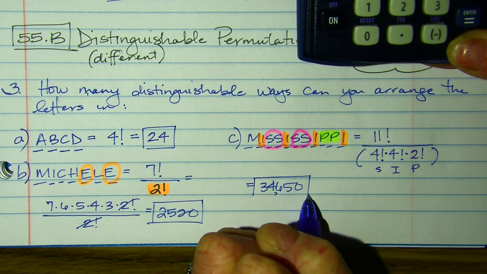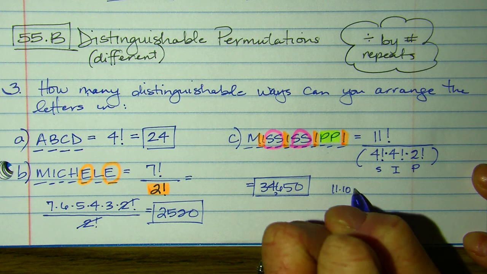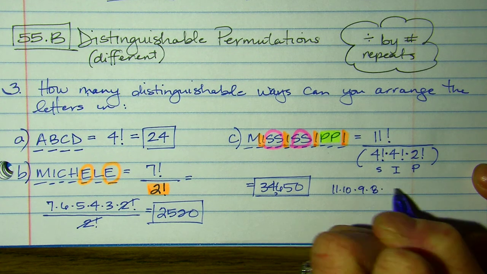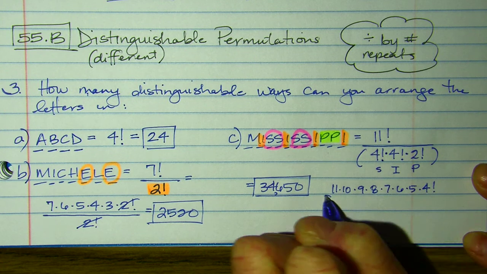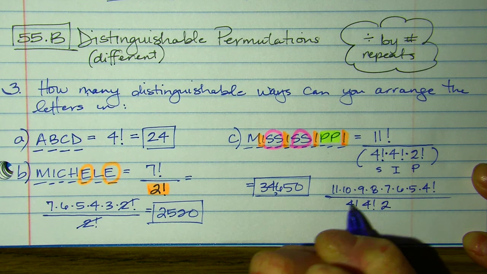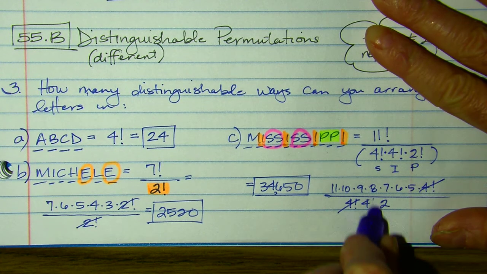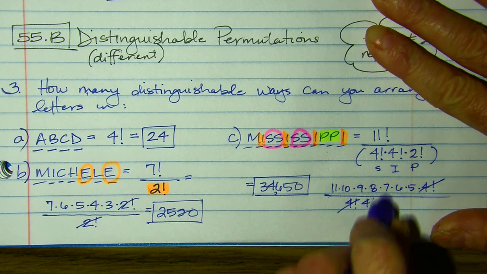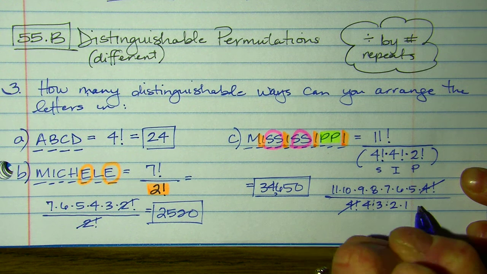Now if you don't have a calculator on hand, the other option would be 11 times 10 times 9 times 8. Okay, so that will get rid of my first 4 factorial. But, hold on, I'm sorry. I'm going to put times 3 times 2 times 1 times 2.